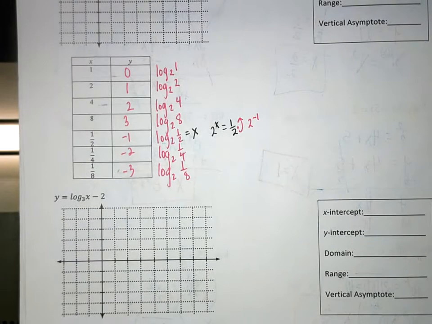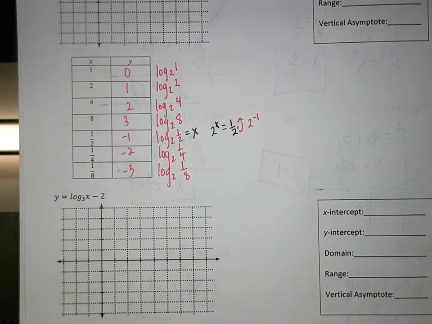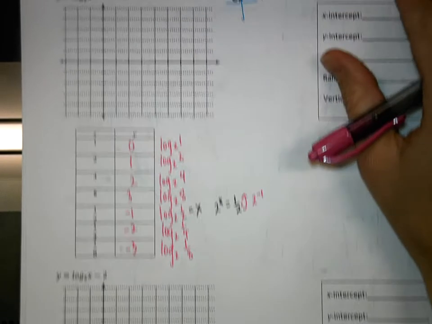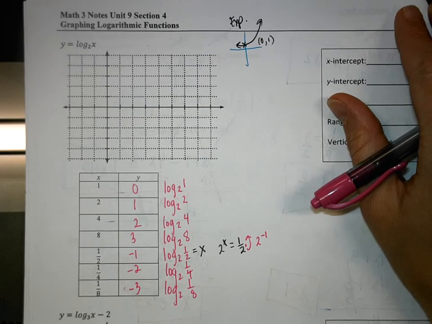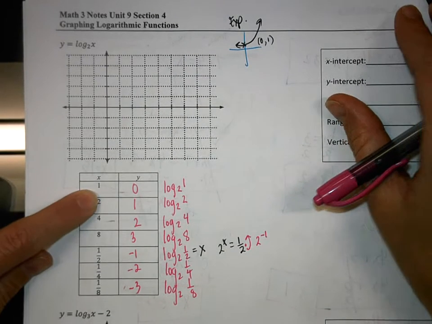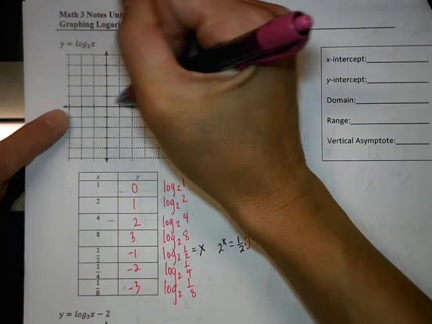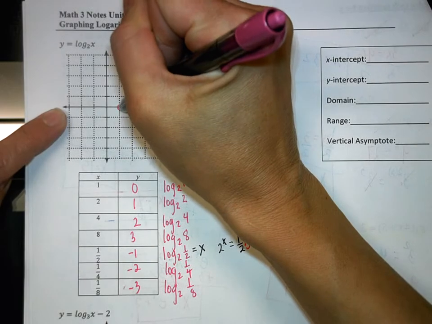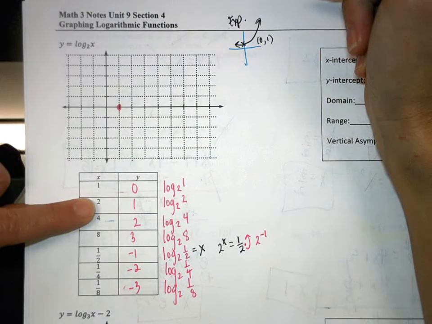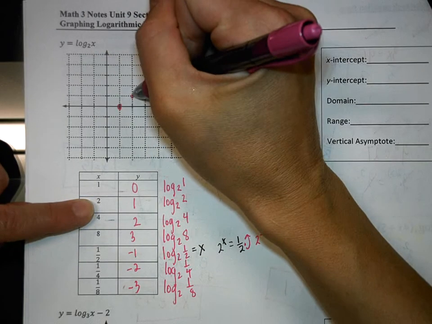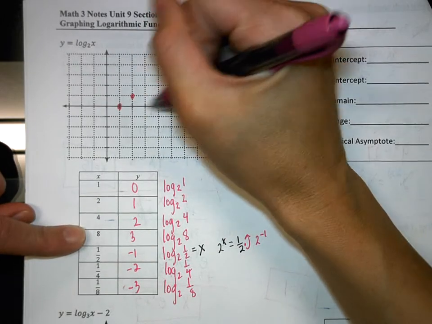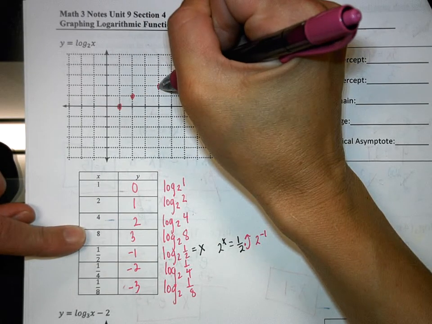So far, so good? What should I do with all those values? Plot them. Very good. Put them on our coordinate plane. So our first point is 1, 0. We're going to go right 1, up 0, make a point. Then we have 2, 1. We have 4, 2.